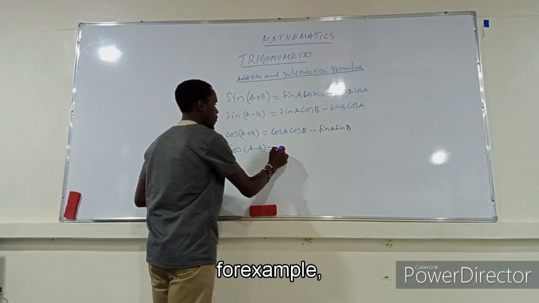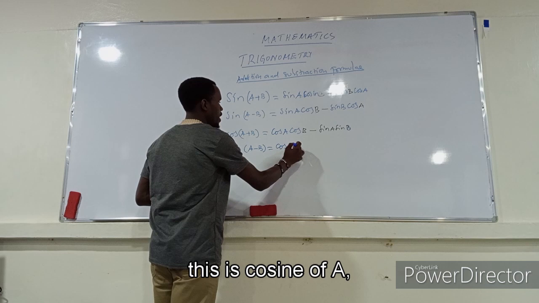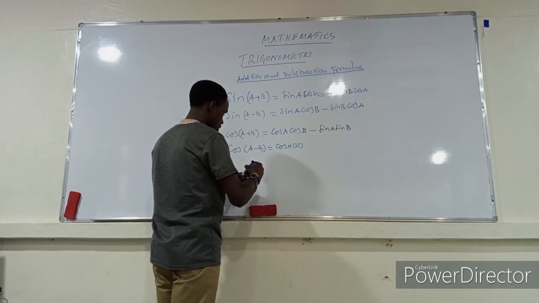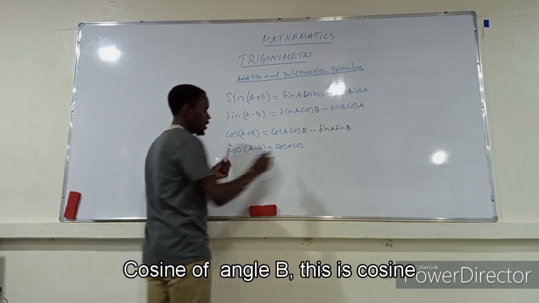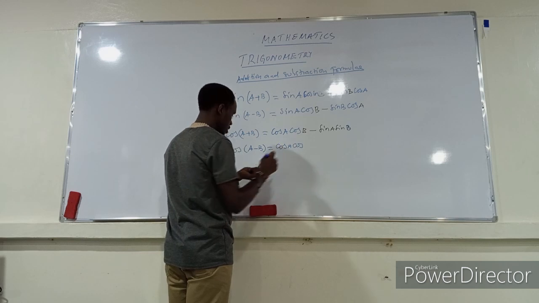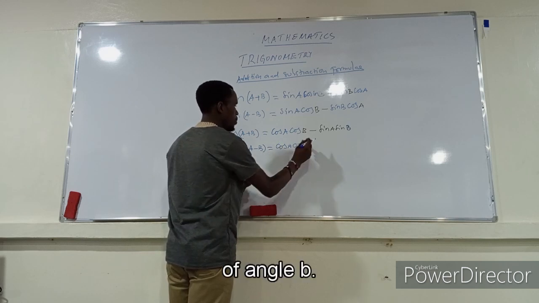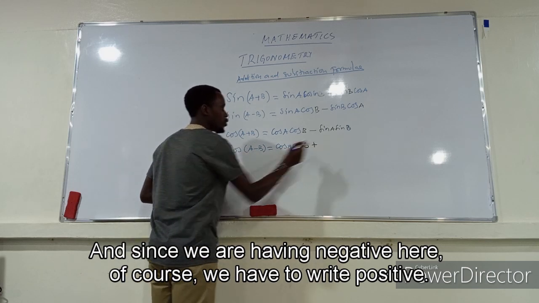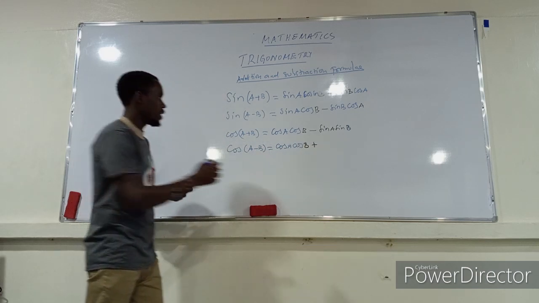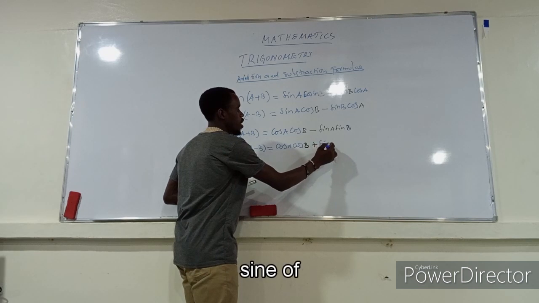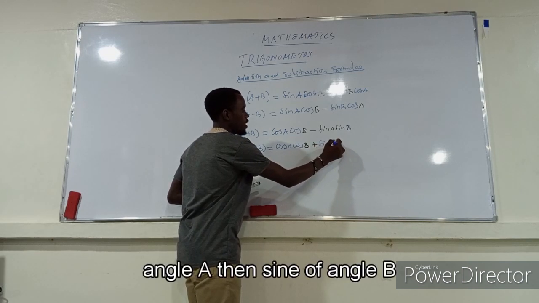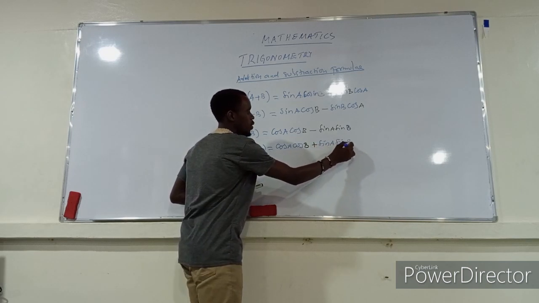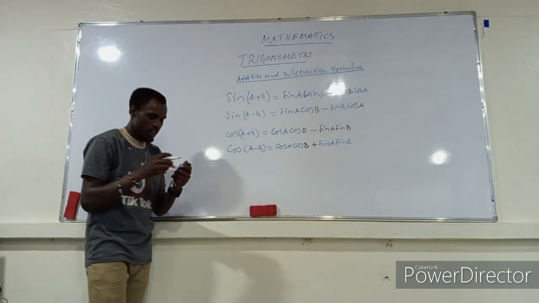For example, this is cosine of A, cosine of angle B. And since we are having negative here, of course we have to write positive. And then sine of angle A, then sine of angle B. Very nice.